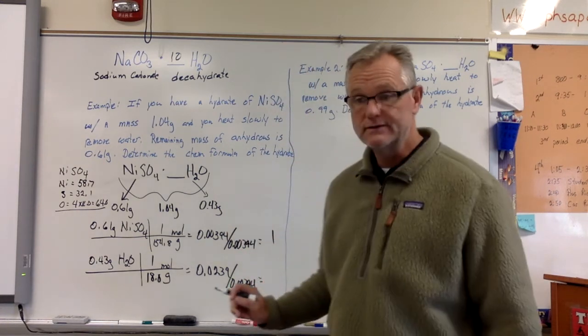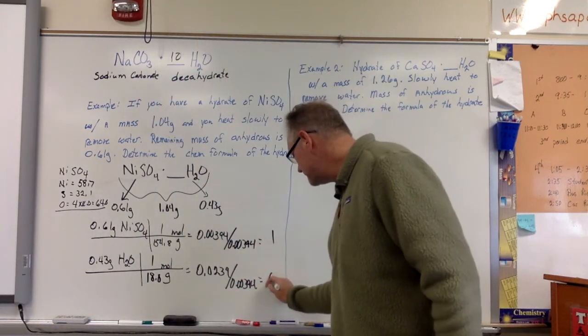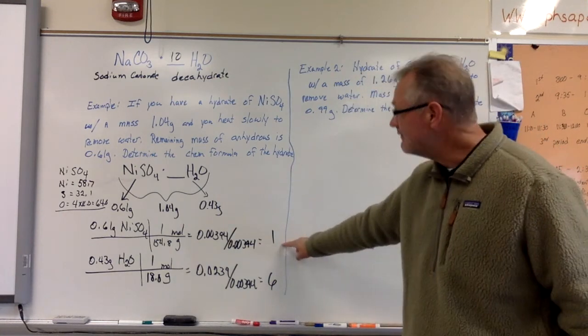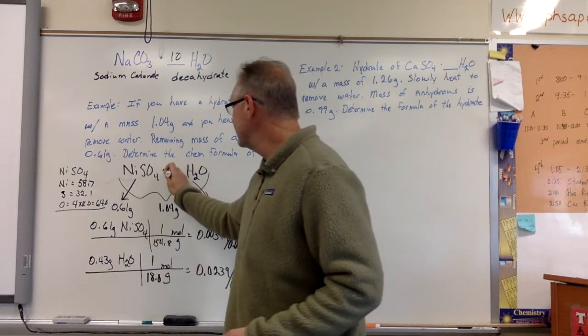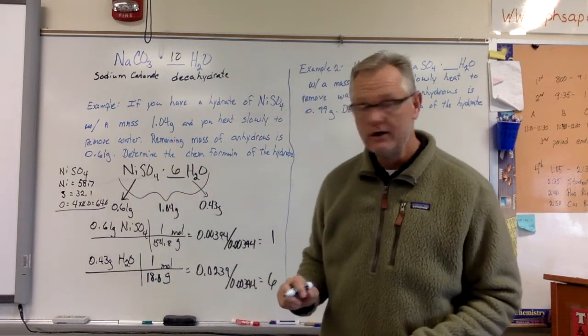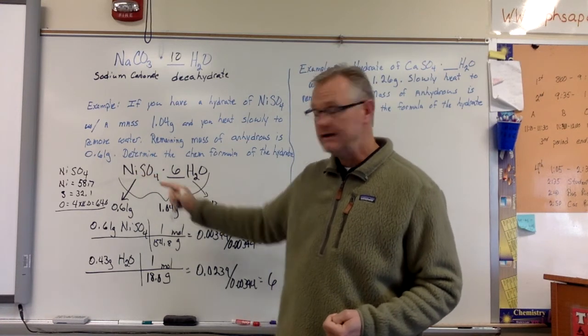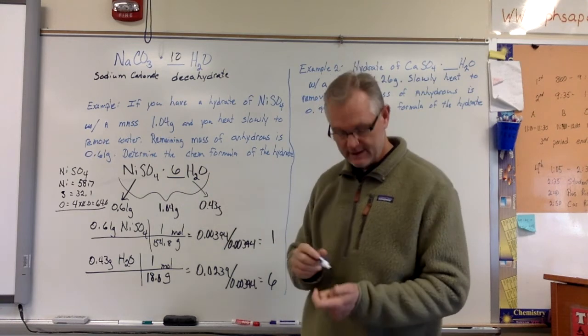Now, if I plug this one in, I'm going to see that this number is going to be 6. So I'm going to have a 1 to 6 ratio. So this is going to be my nickel sulfate, and then 6 is hexahydrate.